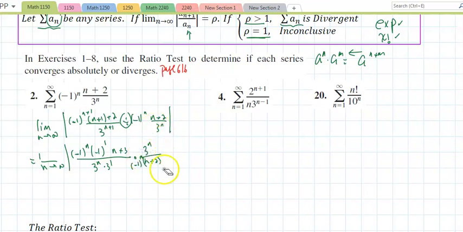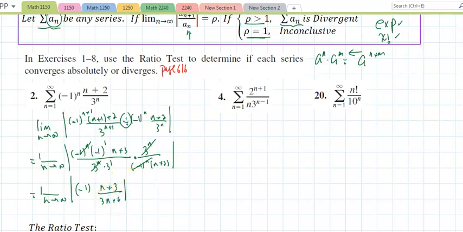And you'll notice these cancel out and these cancel out. That's the limit as n approaches infinity of negative 1 times n plus 3 over 3 times n plus 6.